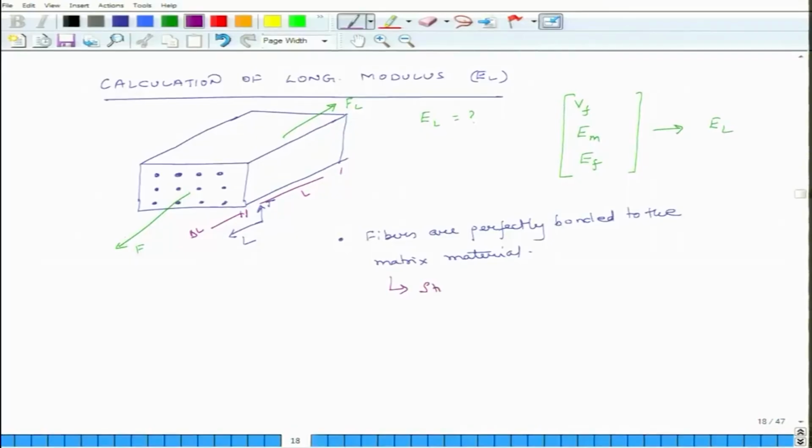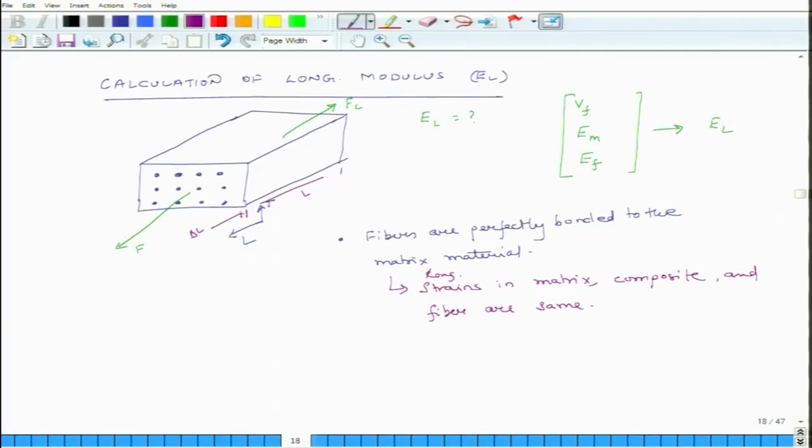But if they are perfectly bonded, the consequence is that the longitudinal strains, that is, strains in the L direction, in matrix, composite and fiber are the same. This is very important to understand.